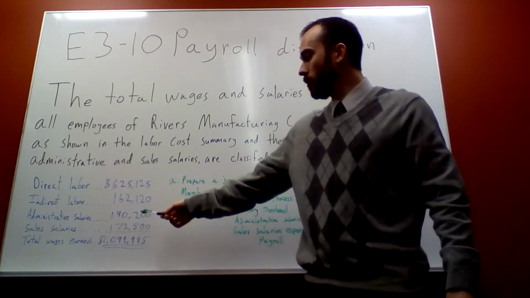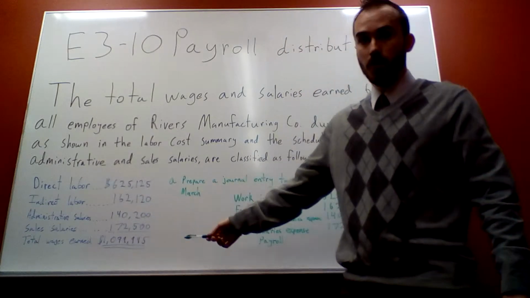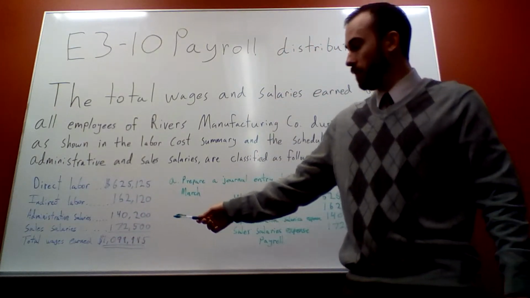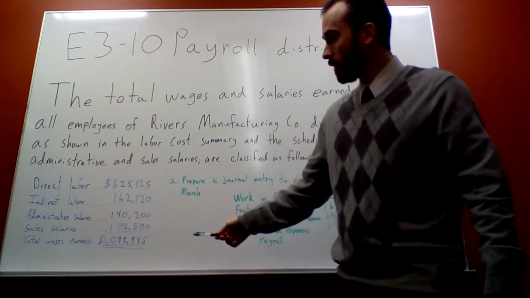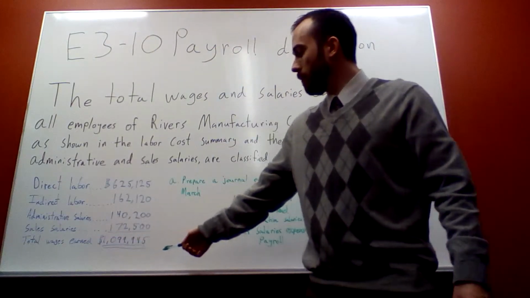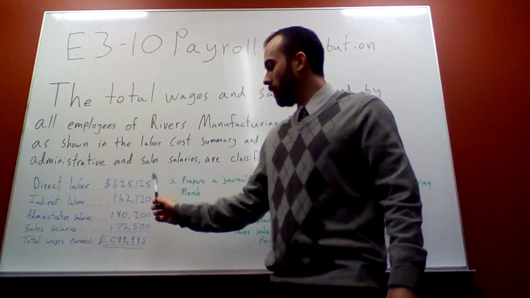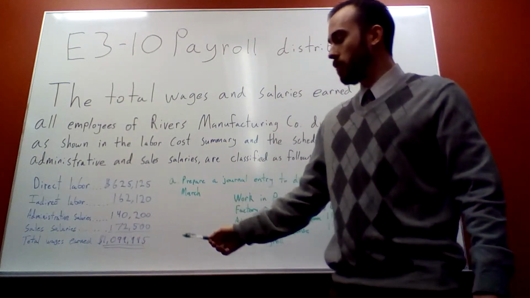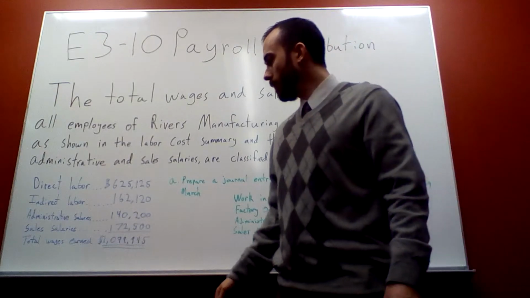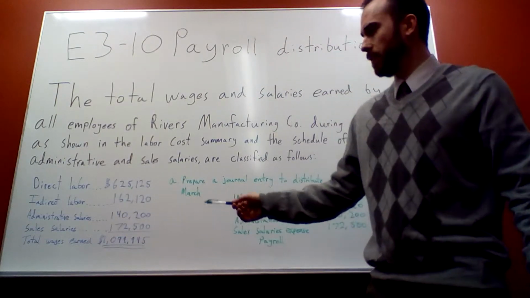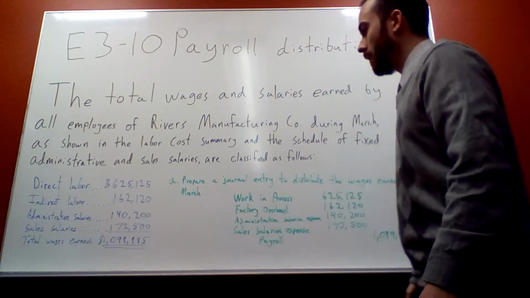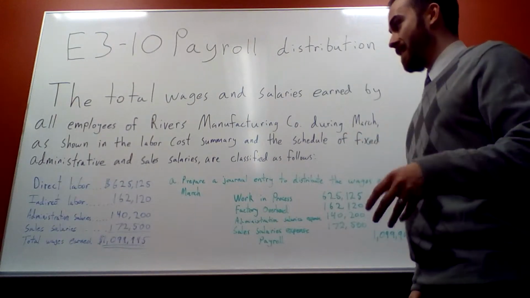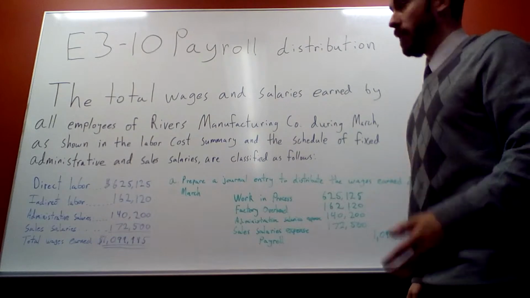Administrative salaries is $140,200. Sales salaries is $172,500, and the total wages come to $1,099,945. Sometimes you have to work with some big numbers, so that can be the roughest part.